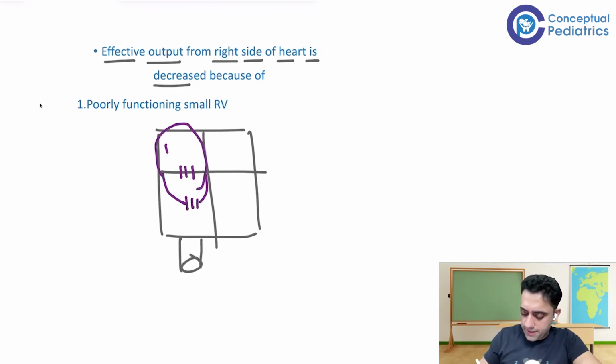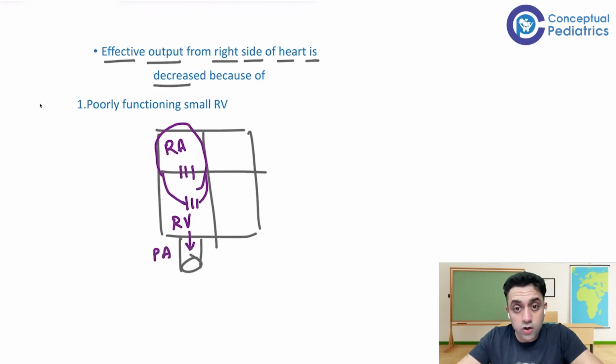The right atrium becomes bigger, the right ventricle becomes smaller, so the right ventricle will not have that much pressure to push the blood into the pulmonary artery. So the output from the right side of the heart is decreased because, number one, of a poorly functioning small right ventricle. Yes, you can say that.